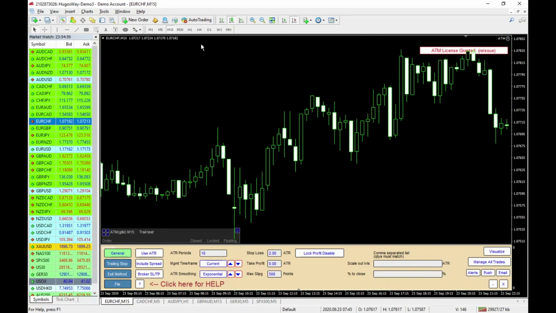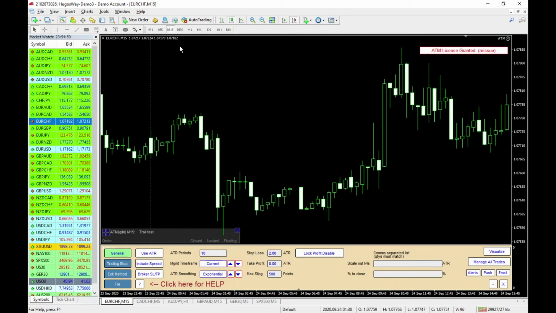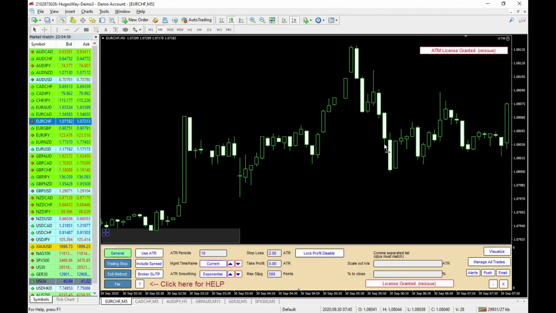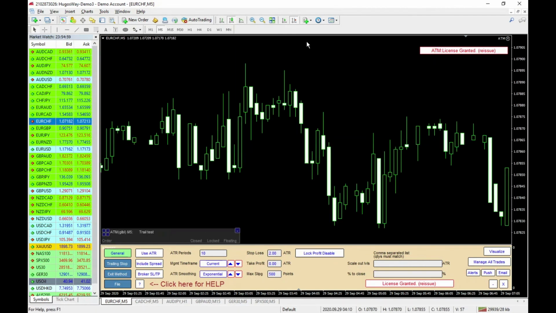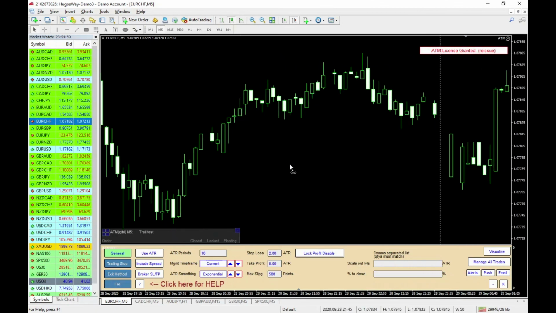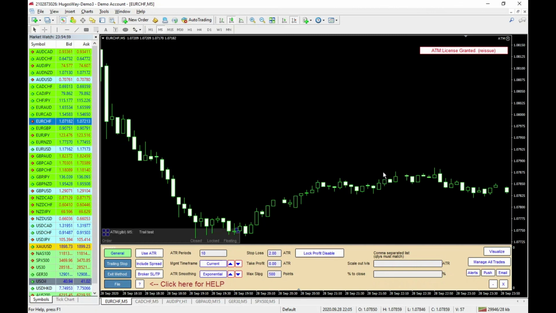Let's try and find something that's a good example here. Some of these things are moving a lot. We've had some pretty hefty news, but here we've got a large movement followed by a small movement.